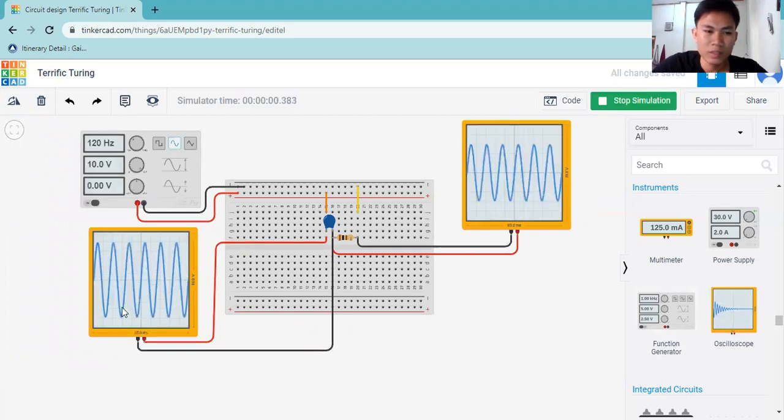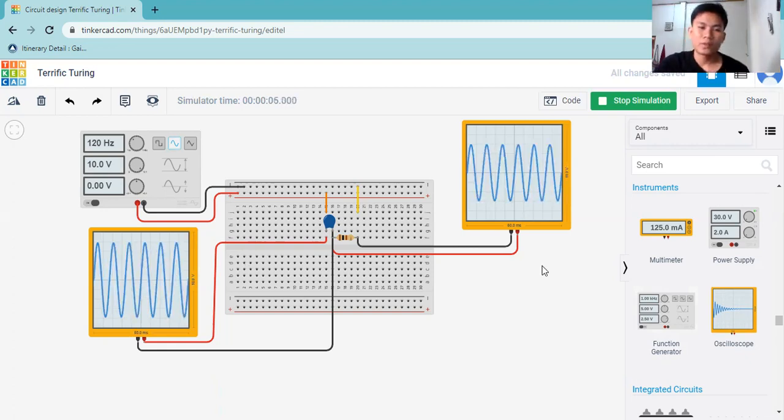So this will be like this. The amplitude of the capacitor is much higher than that of the resistor. As a result, the voltage across the capacitor has a greater value than the voltage across the resistor.